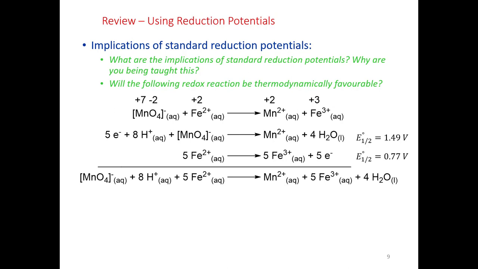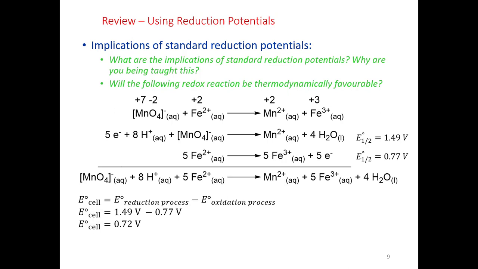And you would just find these in a table of standard reduction potentials. Then, using this equation right here, we can determine the cell potential. Because the permanganate is reduced and the iron is oxidized, we subtract 0.77 volts from 1.49 volts. This gives an overall cell potential of 0.72 volts.